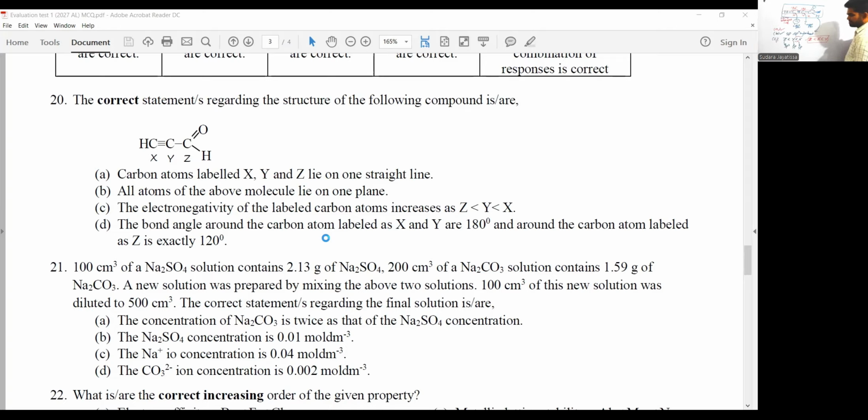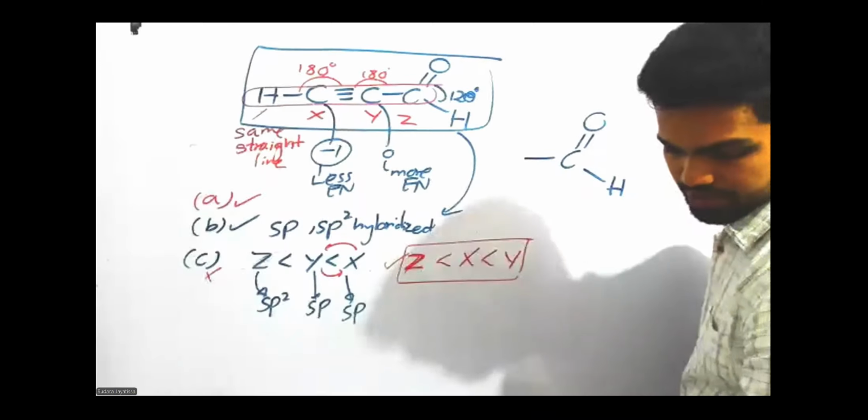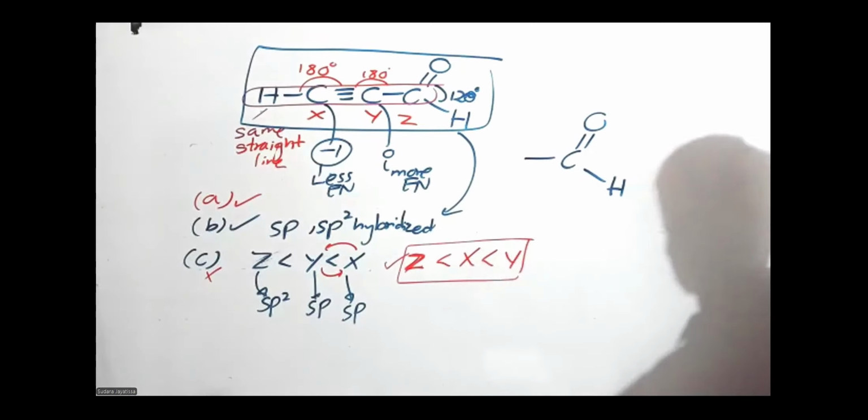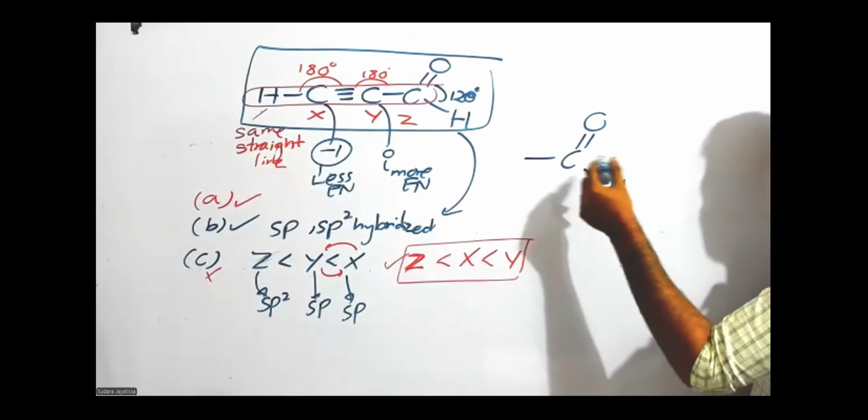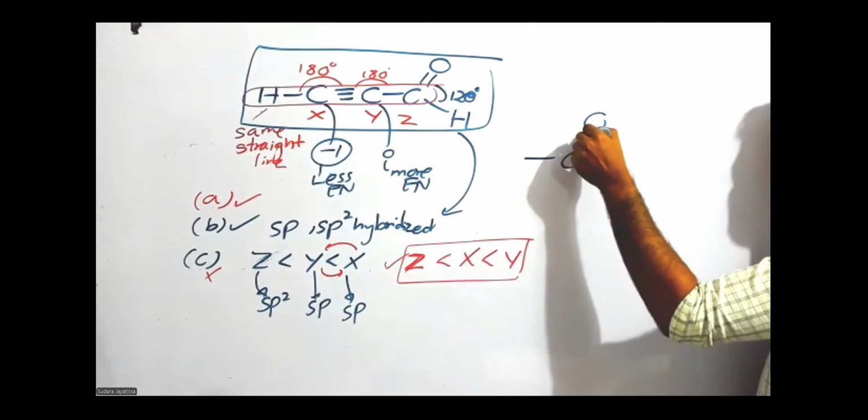But can we say this bond angle is exactly 120? The word exactly has a little bit of weight. Can we say this angle around Z is exactly 120? No. It's approximately 120, but we can't say for sure because this is a double bond.